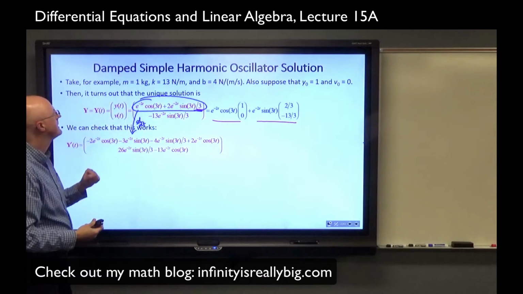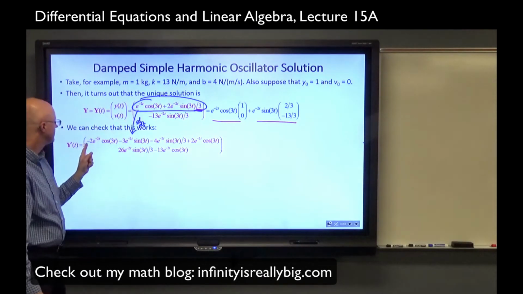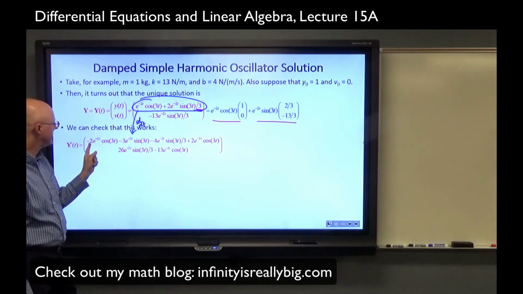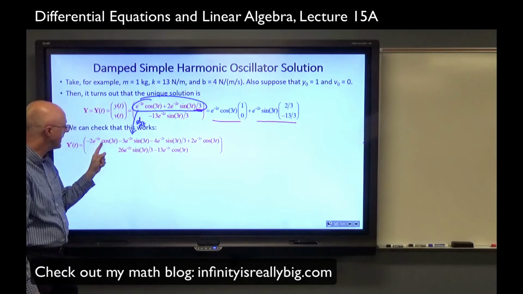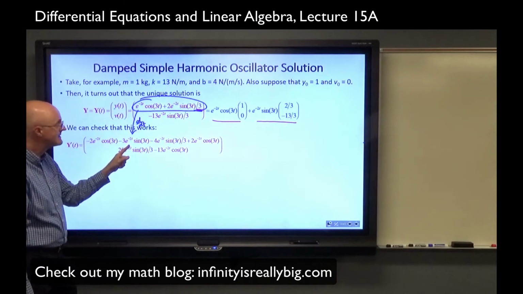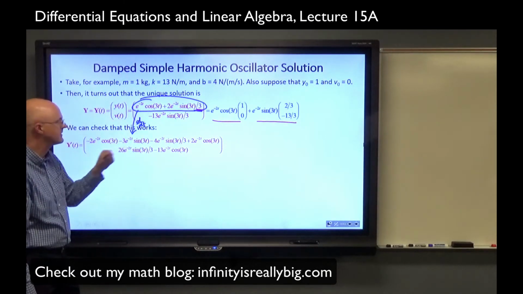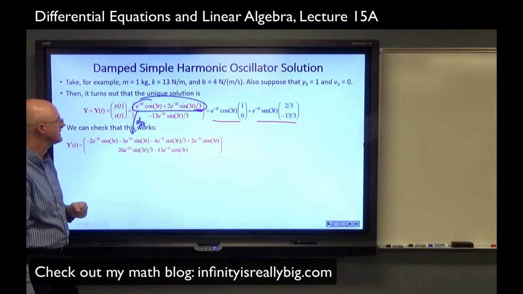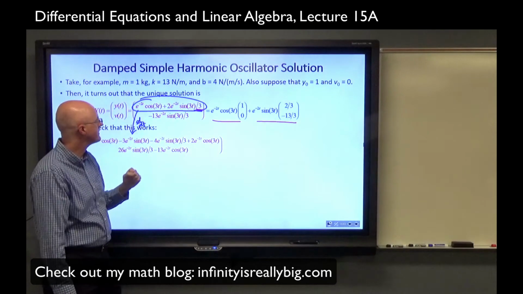On the first term, I've got a product, e to the negative 2t times cosine of 3t. This term here is the derivative of e to the negative 2t. Note the extra factor of negative 2 from the chain rule times the second function, derivative of the first times the second, plus the first, e to the negative 2t, times the derivative of the second. The derivative of cosine of 3t would be negative 3 sine 3t because of the chain rule. These two terms are what you get when you differentiate that part.